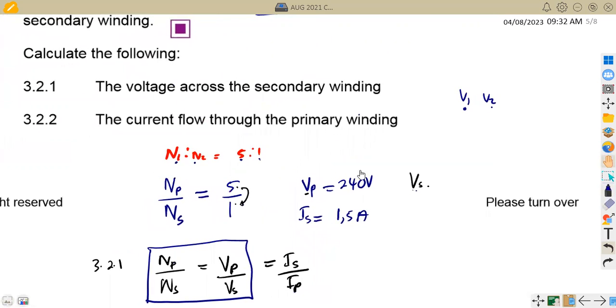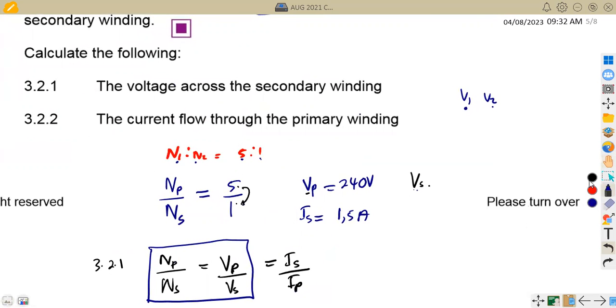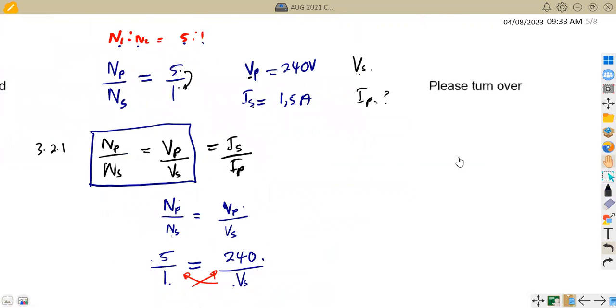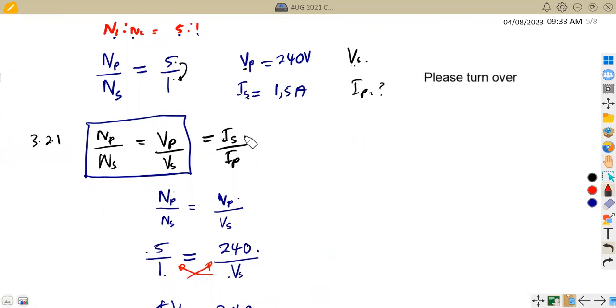Then the current flowing through the primary. We have the current in the secondary, but what about the primary side? We do not know this. We can take again from our turns ratio, since when referring to current, NP over NS is IS over IP. NP over NS, our turns ratio, is 5/1, which is equal to IS over IP.